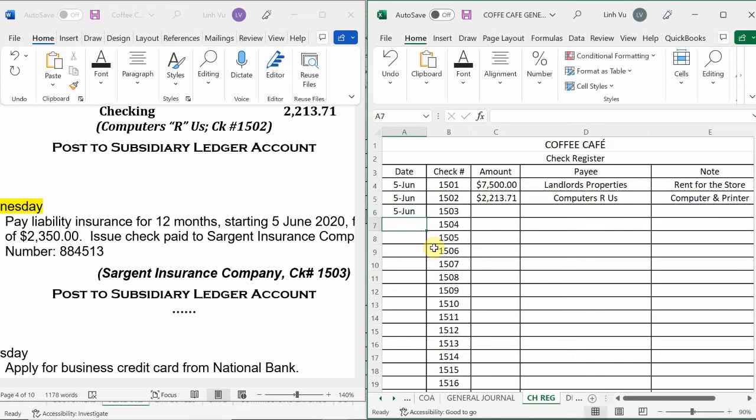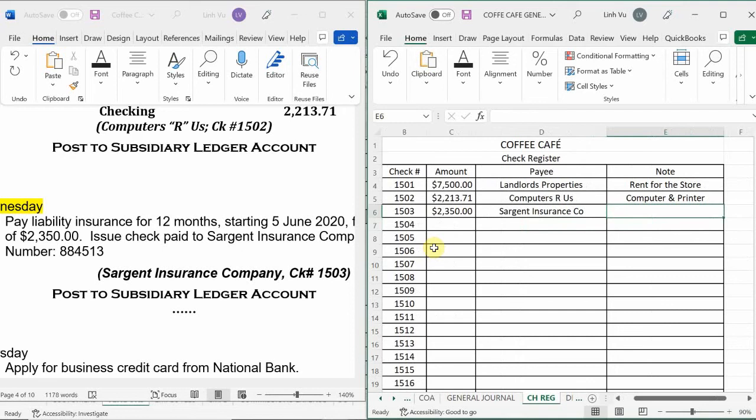Today's the 5th. You paid $2,350. To who? Sargent Insurance Company. For what?